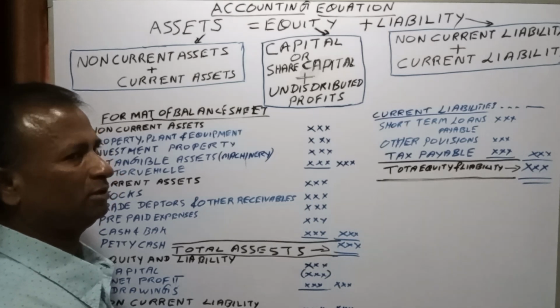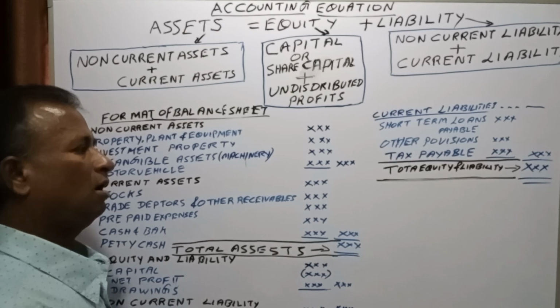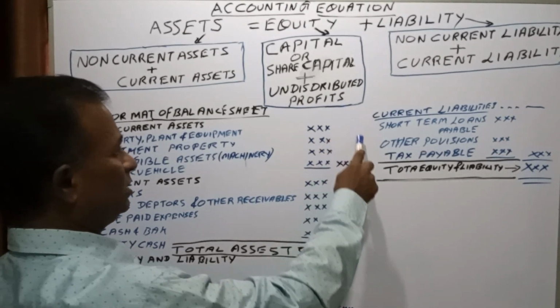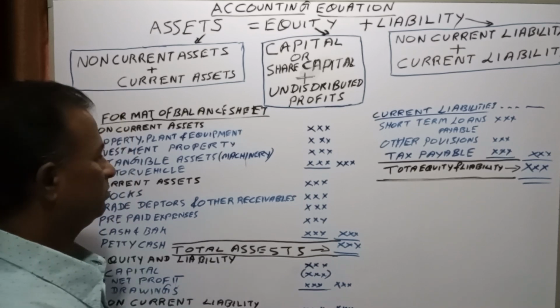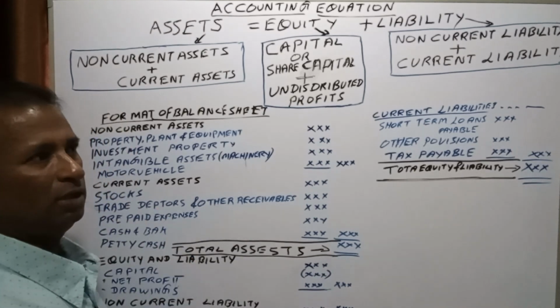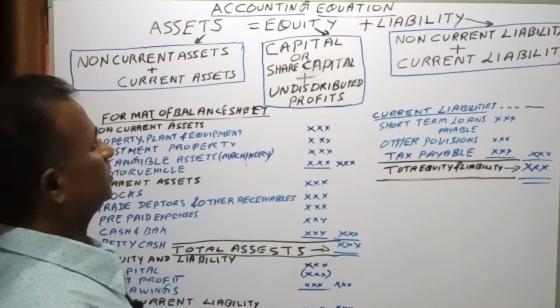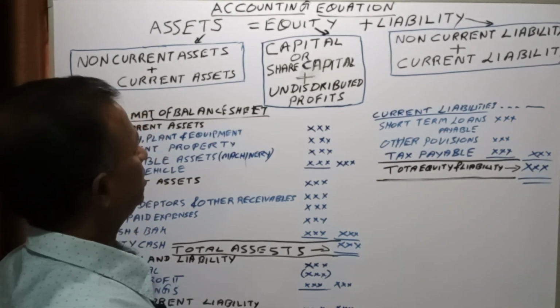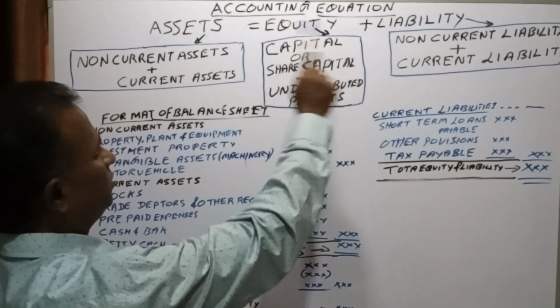We can prepare the exercises using T accounts. Thereafter, we can go for this type of vertical presentation for the financial statement. So we can start with the accounting equation.